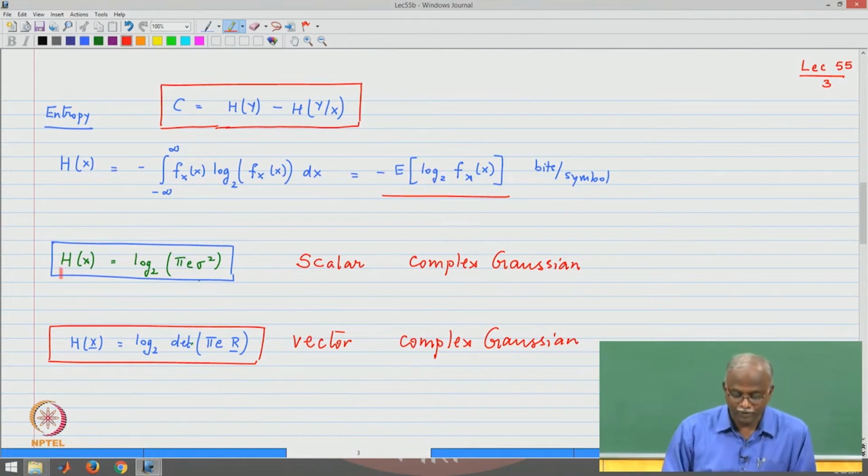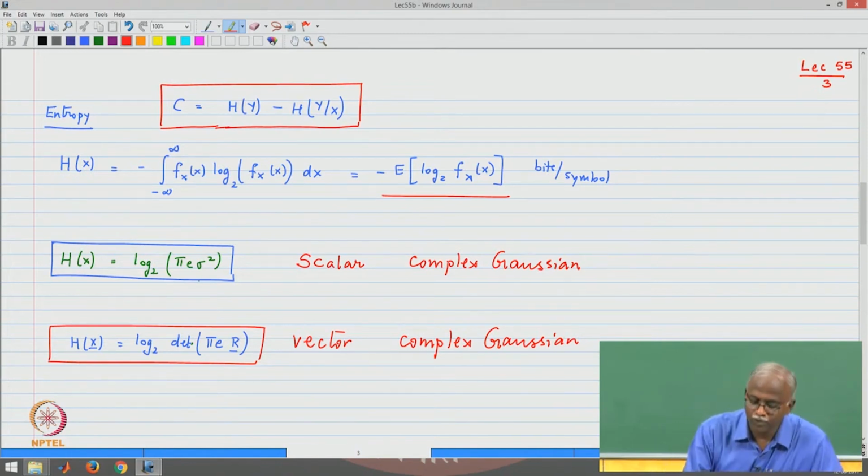Using that expression for a scalar complex Gaussian, we got logarithm base 2 of pi e sigma squared, where sigma squared is the variance of the Gaussian random variable. Then moving on from the scalar to the vector case, the entropy of the vector source is given by logarithm base 2 of the determinant of pi e times R. So with this as the framework, we would now like to continue our discussion and build on that.